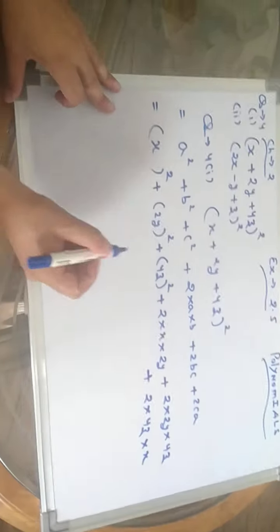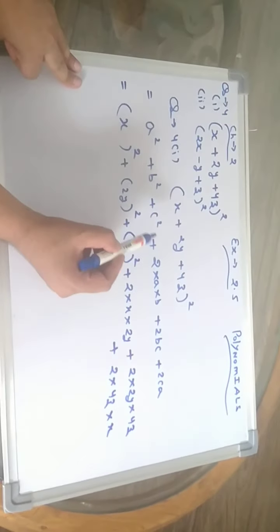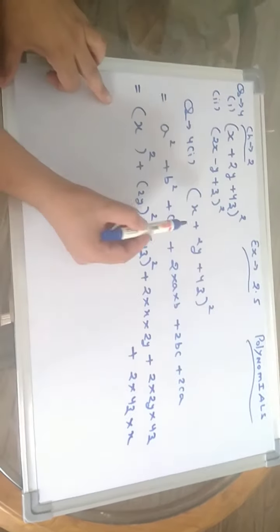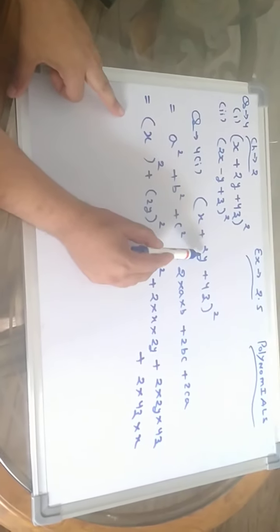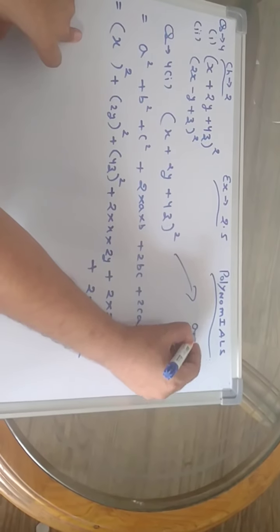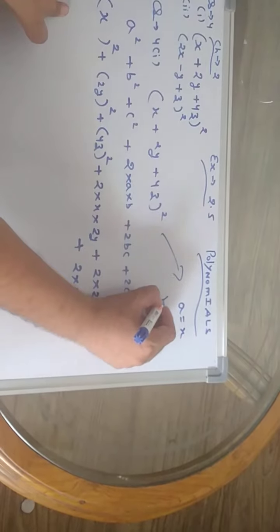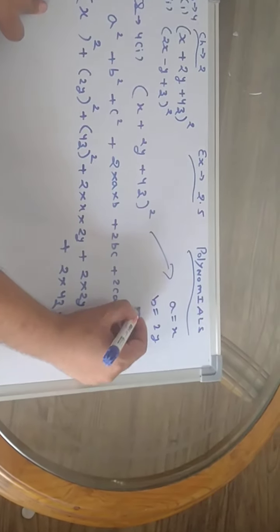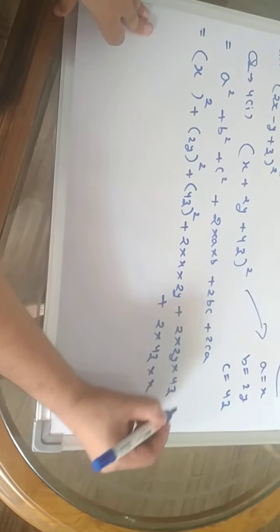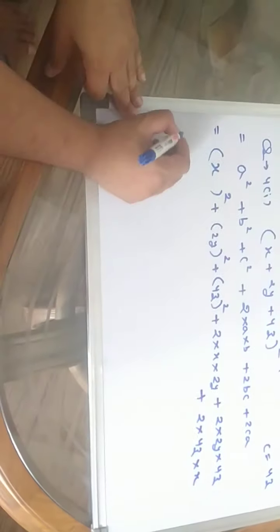I can explain again: a square plus b square plus c square plus 2ab plus 2bc plus 2ca. Our a is x, b is 2y and our c is 4z. Now after writing all these expressions, I am going to solve it.